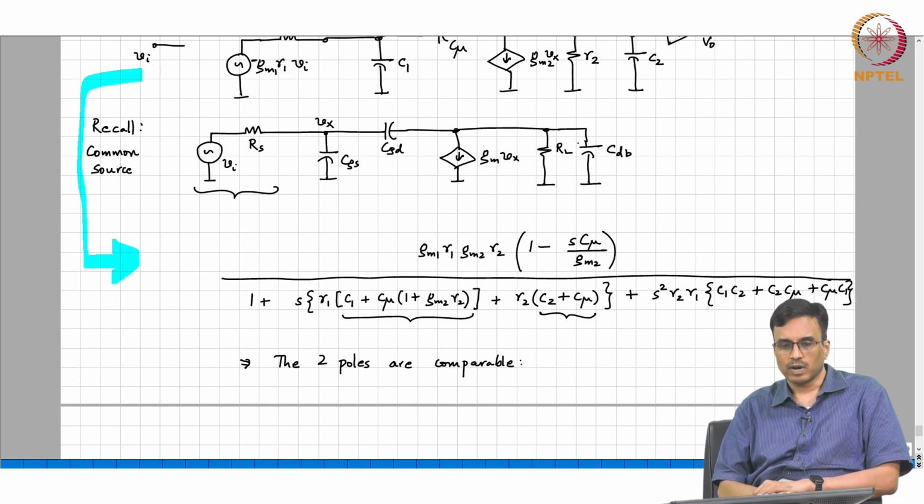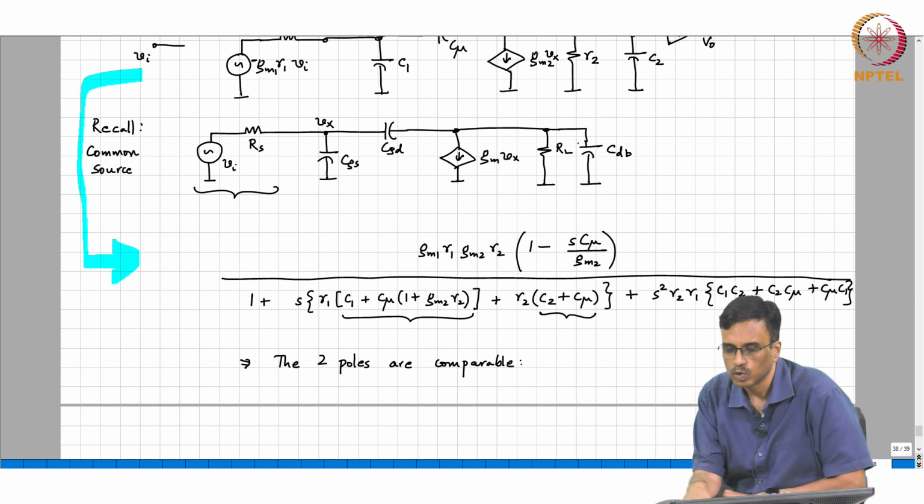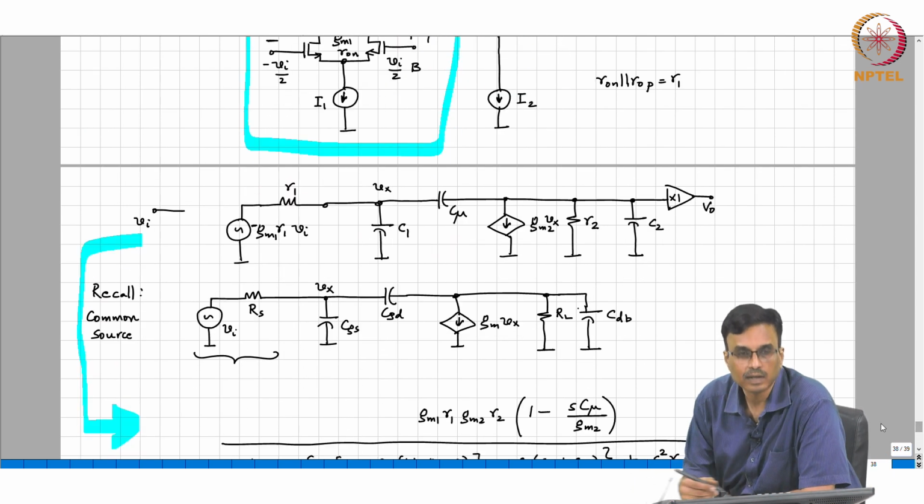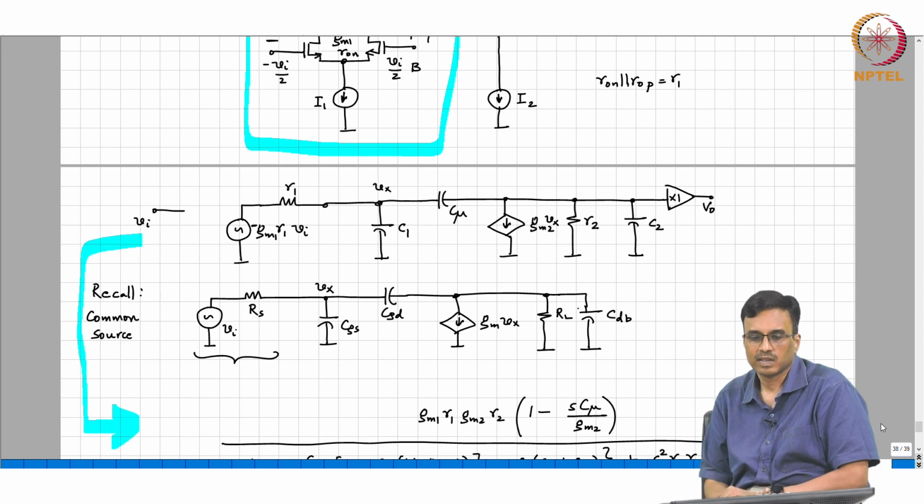So, as you know, to slow something down is very easy, right. What do you think we can do? We can take a big fat capacitor and place it in parallel with any one of the capacitors that are already there.